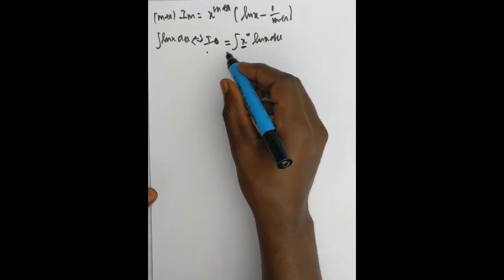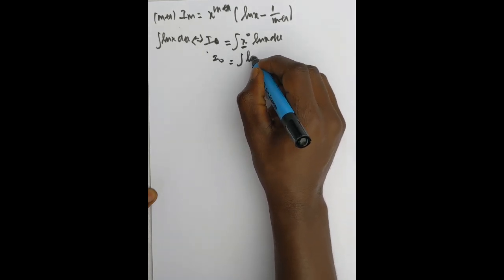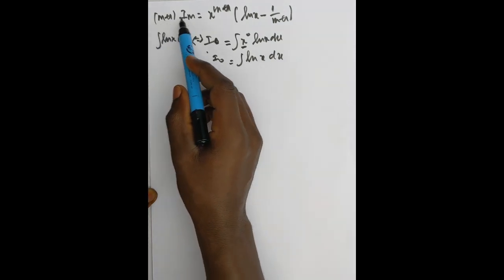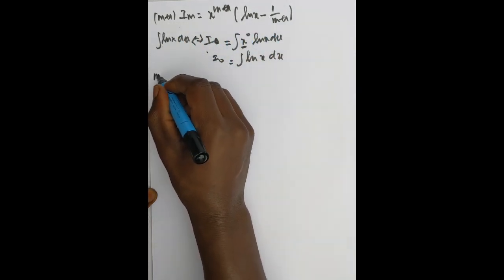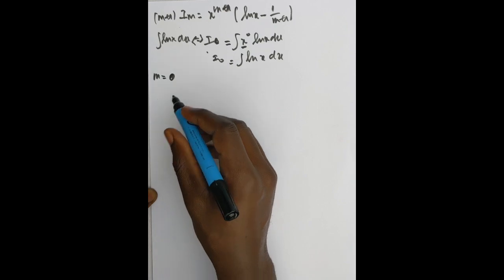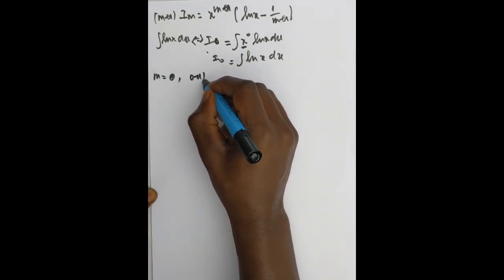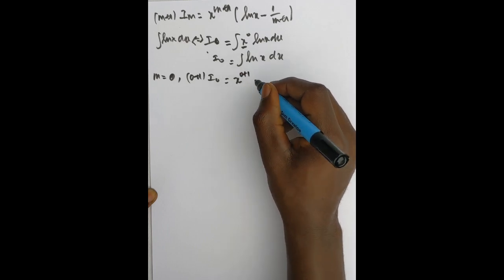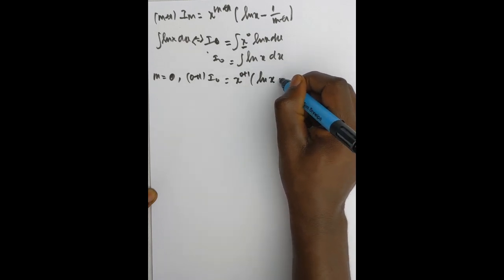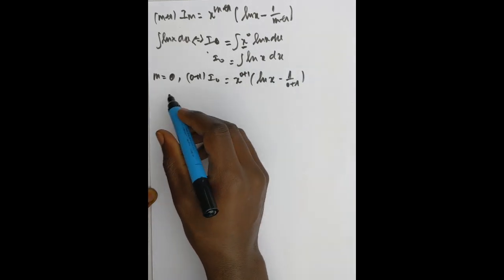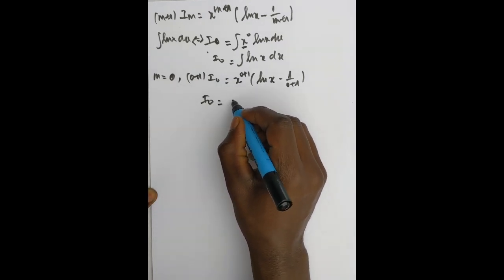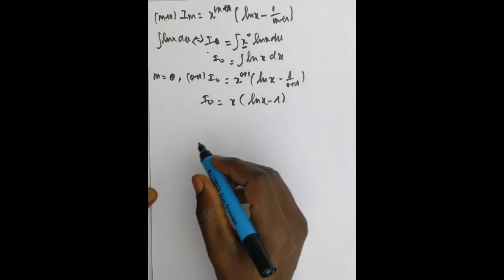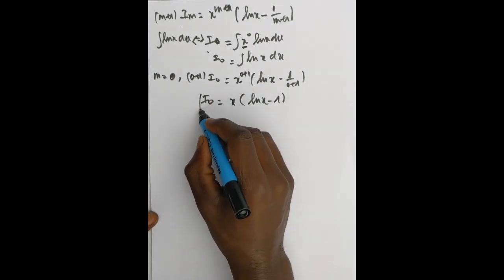This is 1, and we will get E0 equal to integration of ln x. So I can deduce this E0 from this formula by putting m is equal to 0. So we will get 0 plus 1 E0 equal to x power 0 plus 1 times ln x negative 1 over 0 plus 1. I will get here E0, which is equal to x bracket of ln x negative 1.